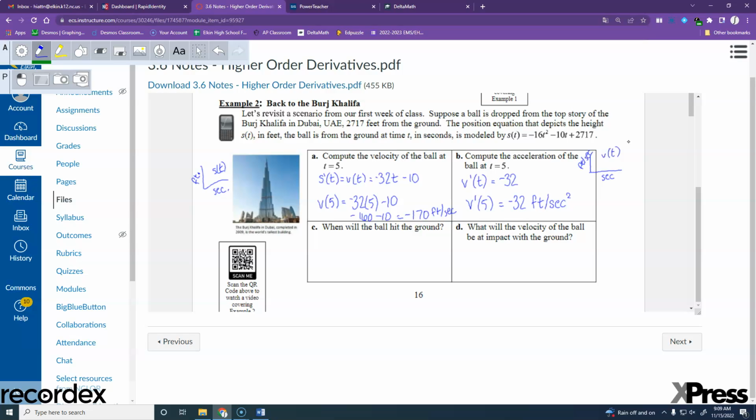So whenever we do the derivative, it's going to be feet per second, and you can actually write it that way, or that's like seconds over 1, so that'd be feet per second times 1 over seconds, which is feet per second squared. So that's where we get our units from.